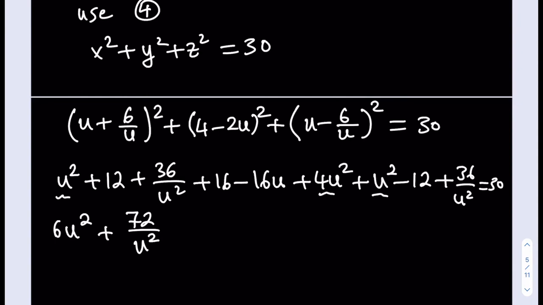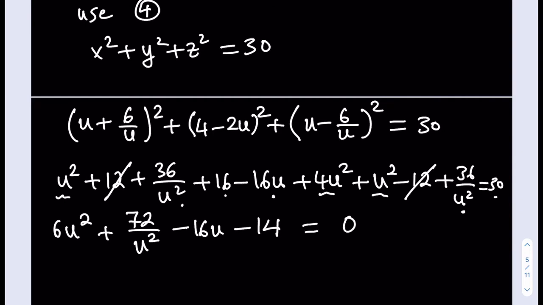So I've taken care of this one and this one. Let's just mark those as we go. And then I have a u term, minus 16u. I think that's just by itself. And then I have my constants. The constants make what? 12 and negative 12. Well, I said nothing cancels out, but I was wrong. These two cancel out. Now I have 16 minus 30, which is negative 14. So everything is taken care of, and this whole thing is equal to 0.